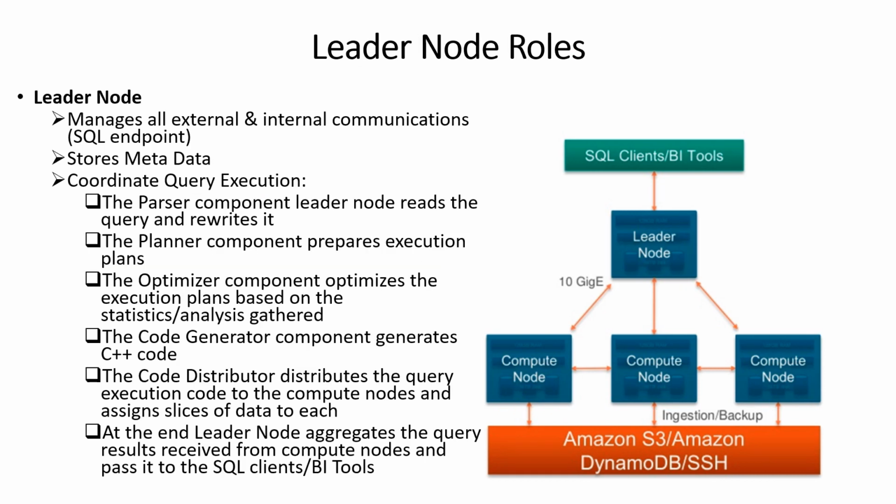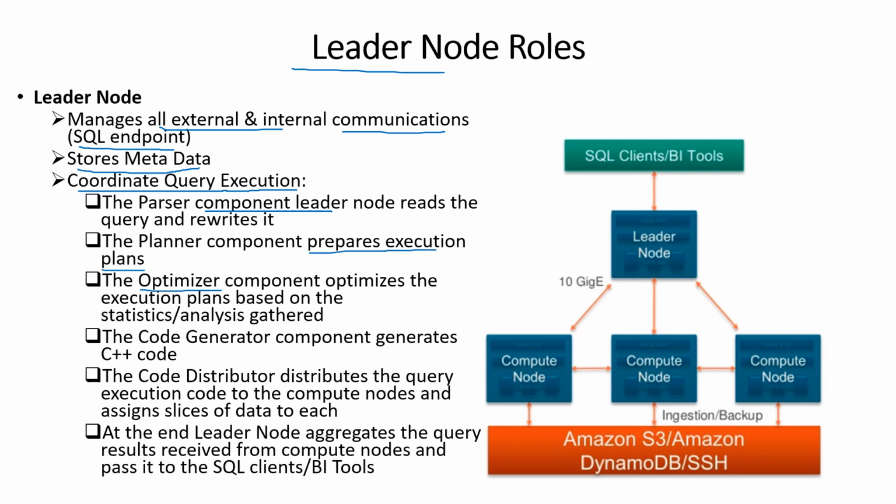Let us look at the leader node's roles in more depth. The leader node manages all external and internal communication. It's a SQL endpoint. It stores metadata, and it also coordinates the execution of the query. The parser component of the leader node reads the query and rewrites it. The planner component prepares execution plans.